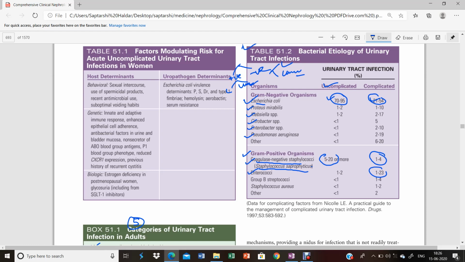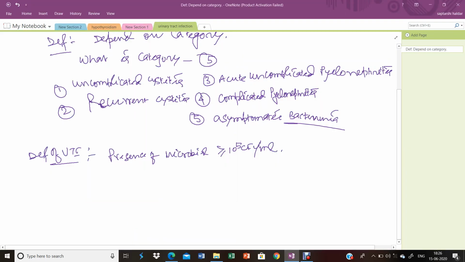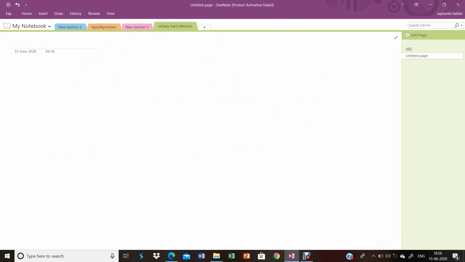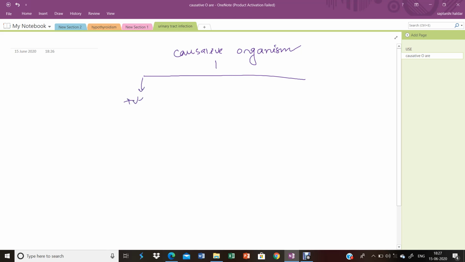So what we have learned, I will summarize here. Causative organisms are divided into positive and negative.